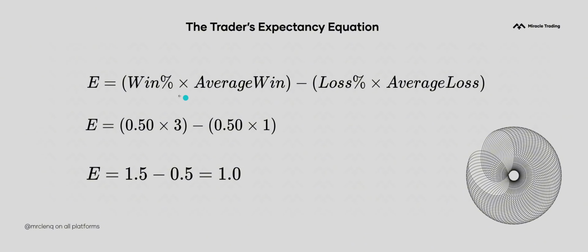So the math is going to be like this: 0.50, because we have a 50% win rate, times 3, which is our average win, 3R, and we're going to minus 0.50, again, this is our average losing because we have a 50% win rate, times 1. Which gives us the expectancy equals 1.5 minus 0.5 equals 1. Now we're above 0. Everything above 0 is profitable.